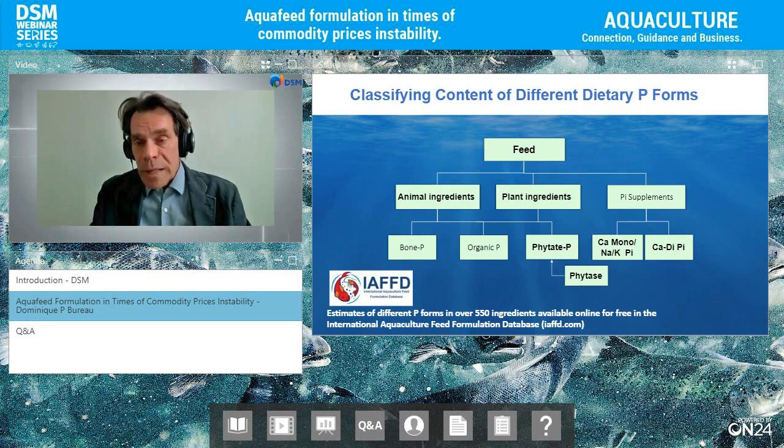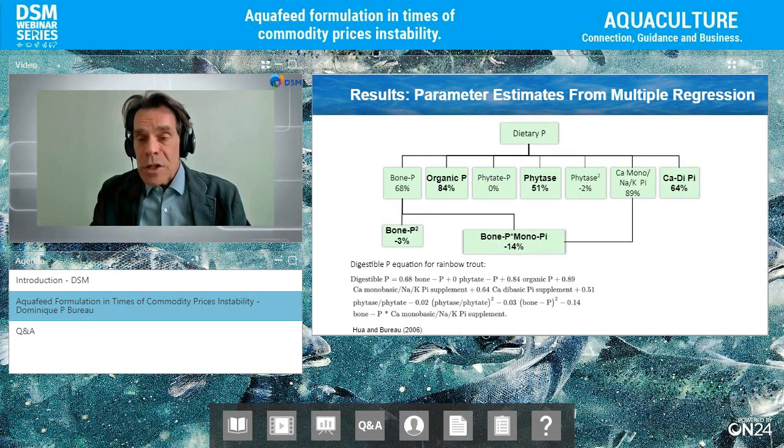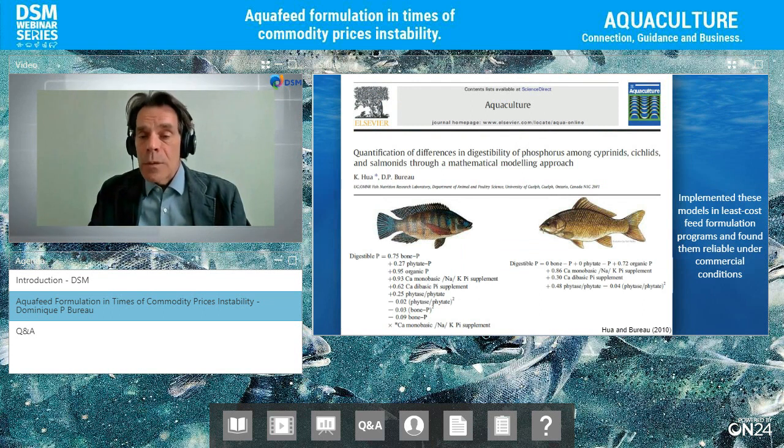Then we use mathematics to estimate the digestibility of these different components and the impact of things like phytase on the digestibility of phytic acid, for example. We've developed a model not just for carnivorous fish, but also for omnivorous fish, including Nile tilapia, and we've implemented this in commercial practice, and it has been found to work really well.